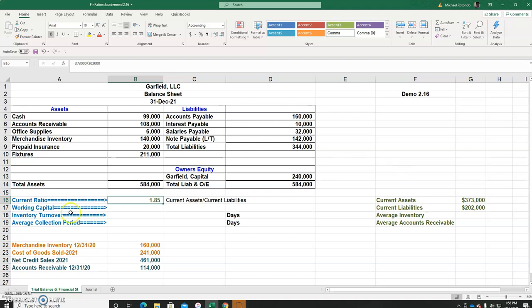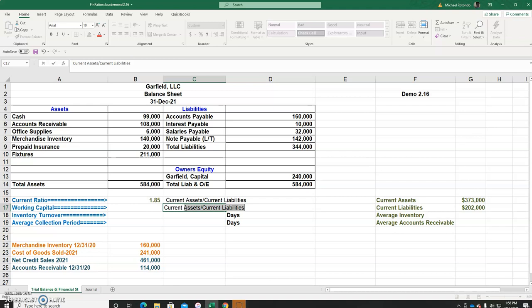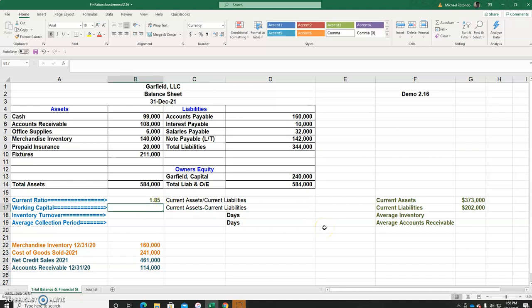The working capital is current assets minus current liabilities. And that just gives you an idea of what you have to work with in the short term. So this is a dollar amount, of course.